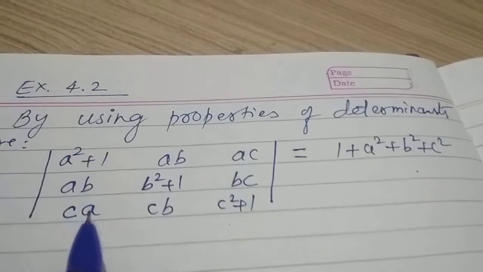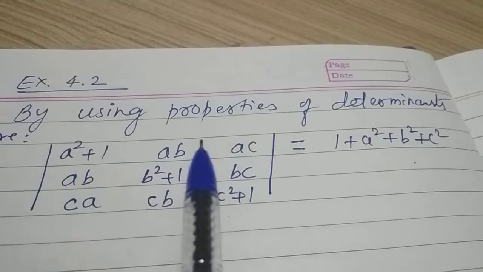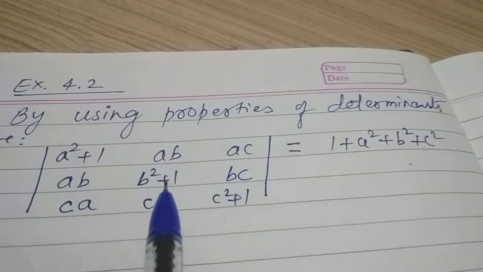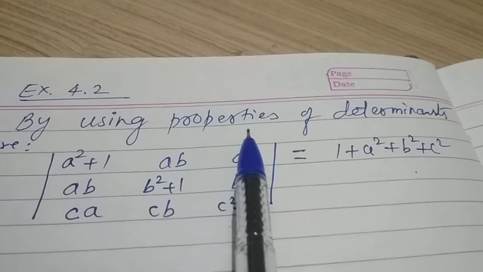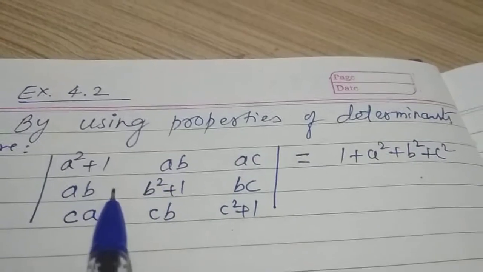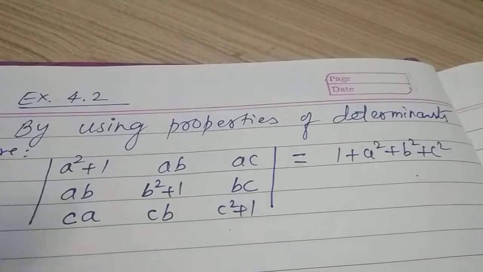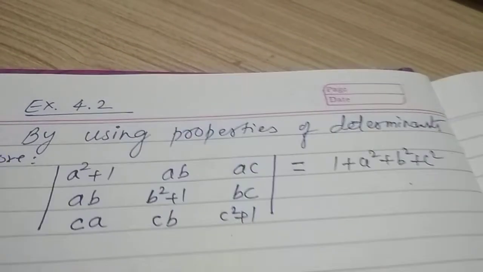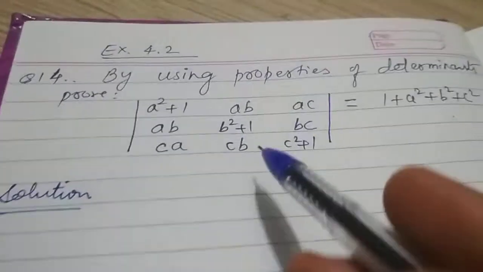If you multiply this column by a, this column by b, and this column by c, then you can also take out a, b, c common row wise. So how it goes, let us see.